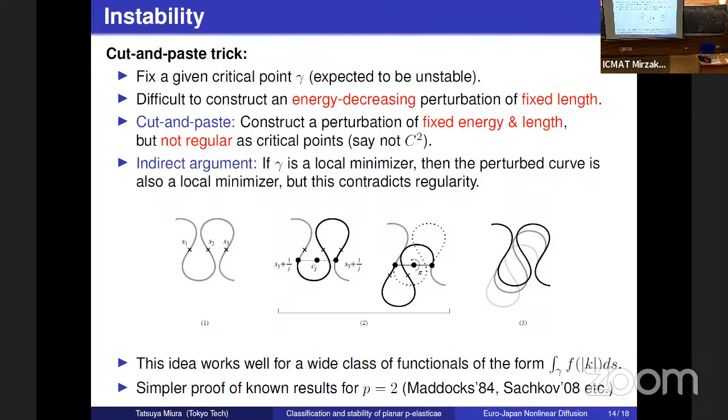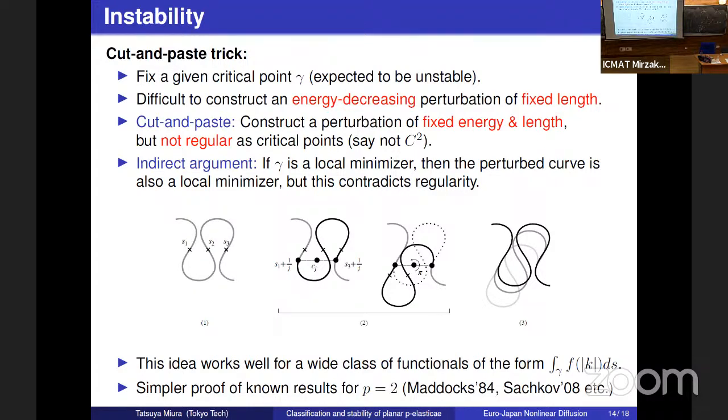Maybe there's no need to use gamma convergence, but we can just directly compute the behavior of the minimizer explicitly as p goes to infinity. And actually, if p goes to infinity, it goes to the circular arc. And if p tends to 1, it forms a corner maybe. This is a really interesting and non-trivial problem.